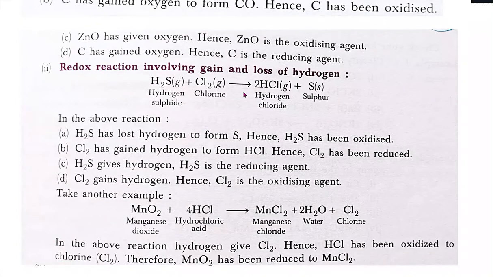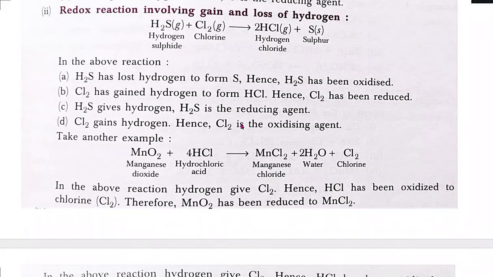Similarly, you can go through these examples and try to understand by yourself. You can pause the screen and try to understand the redox reaction involving gain and loss of hydrogen. We know that gain of hydrogen is reduction and loss of hydrogen is oxidation. So try to understand.